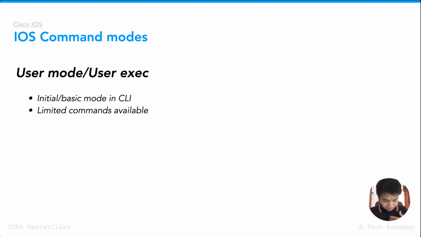Okay, now, the indication for us to distinguish that we're in user exec or user mode is the greater than sign. That right angle bracket is what indicates that we are in user exec mode. This means that when we see the name of the device, for example a router or a switch, followed by the greater than sign, you are in user exec mode.